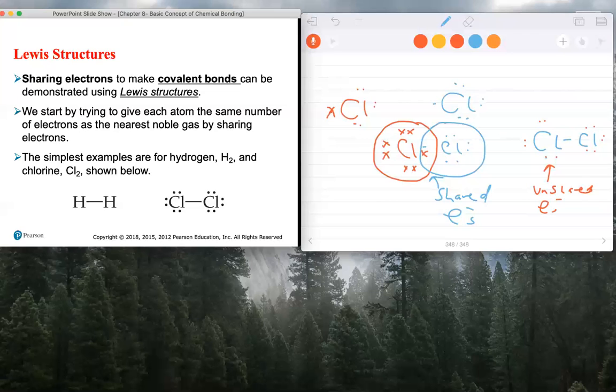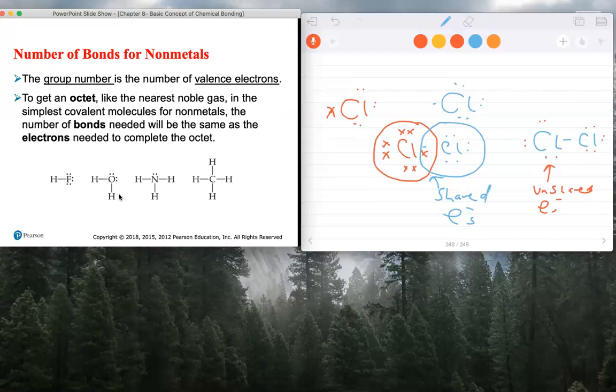This paints a picture of how electrons are shared and how the covalent bond is formed in a covalent or molecular compound.